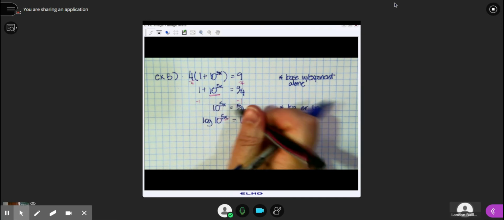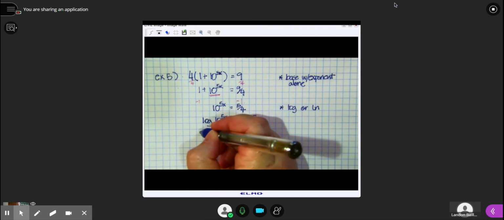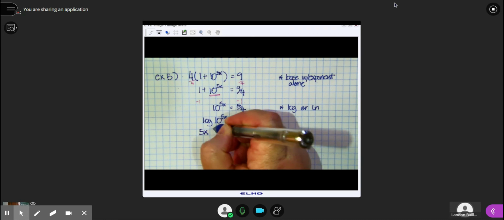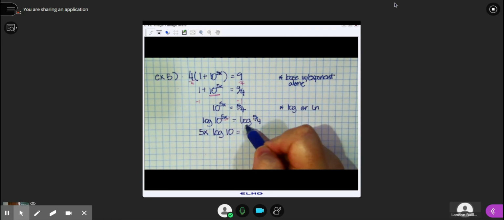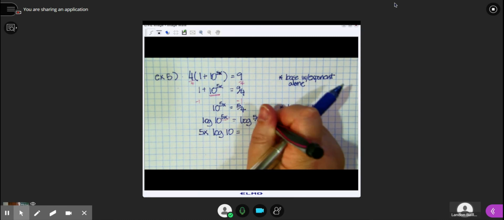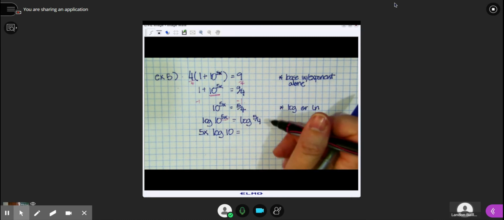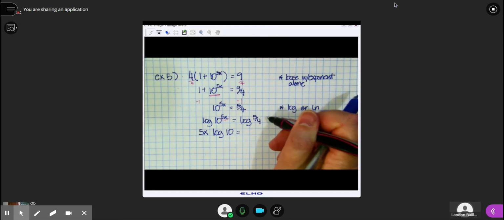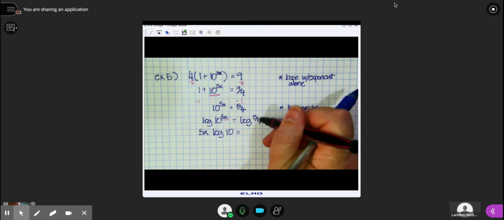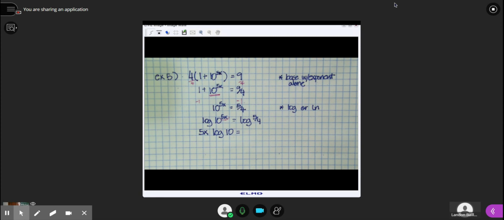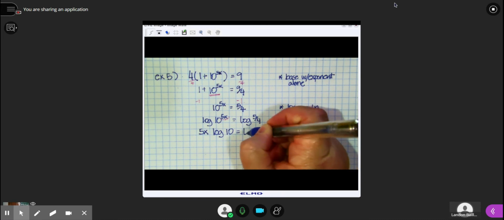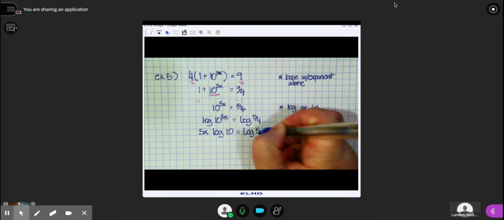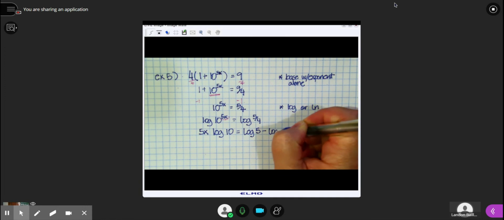This exponent can come out front. And since I have the log of 5/4, I can rewrite that as log of 1.25 if I want. Or this is division, and when I have division, this is the same as log 5 minus log 4.